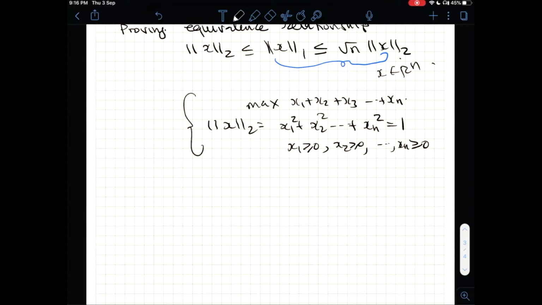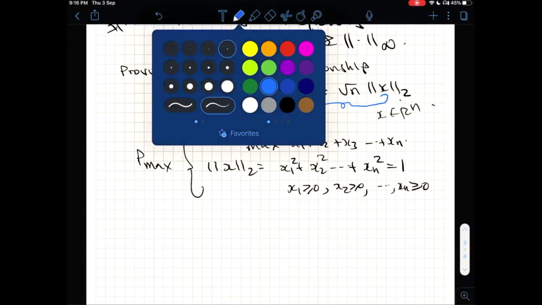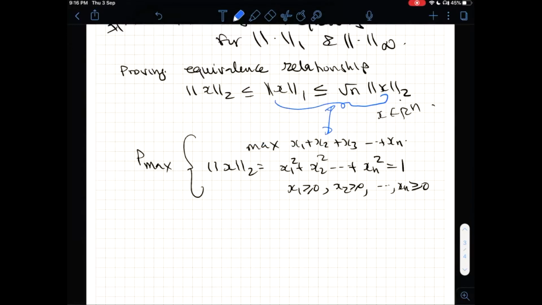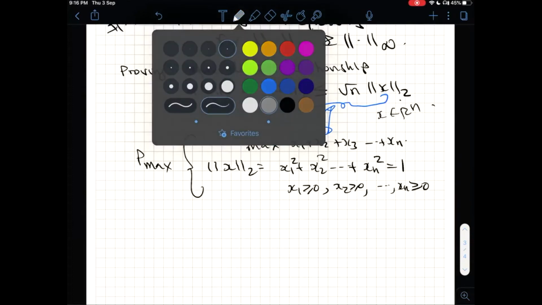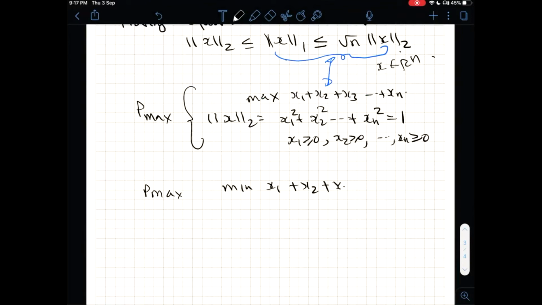So this becomes my problem, say Pmax, that I should try to solve. And if I solve this problem, then I think I will be able to prove this inequality. Alternatively, I'm sorry, for minimization, Pmax, you could write another optimization problem like this, subject to the same set of constraints.